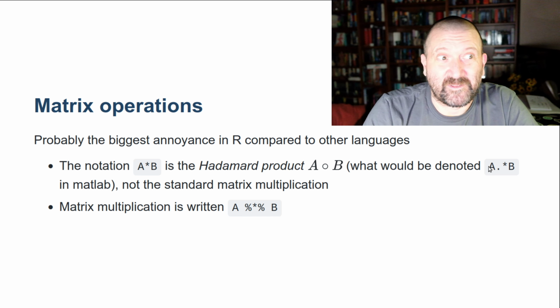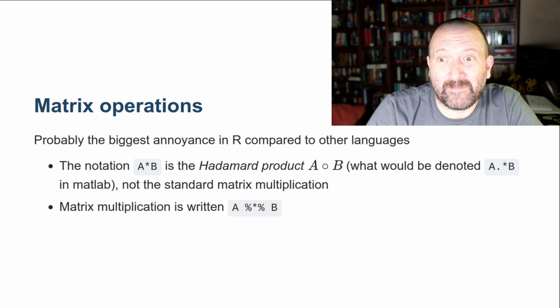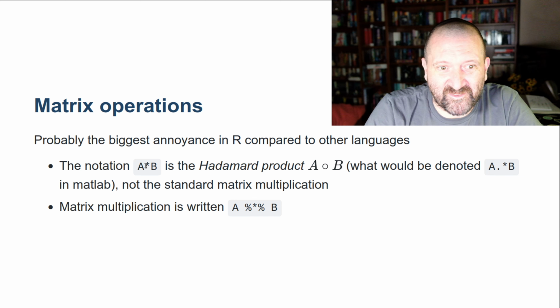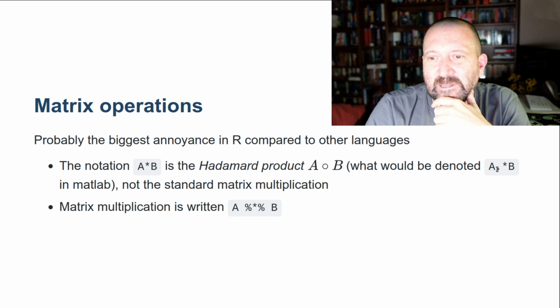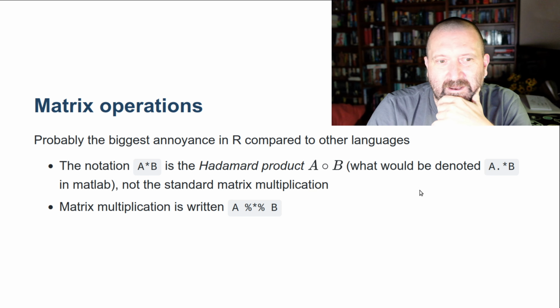So for instance, if you come from the MATLAB world, that star that R uses would be A dot star B in MATLAB.